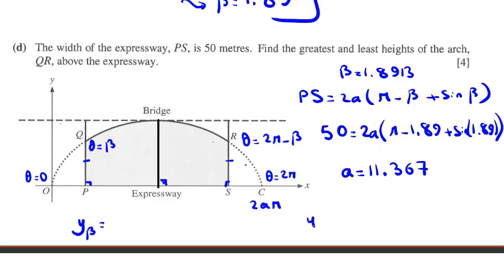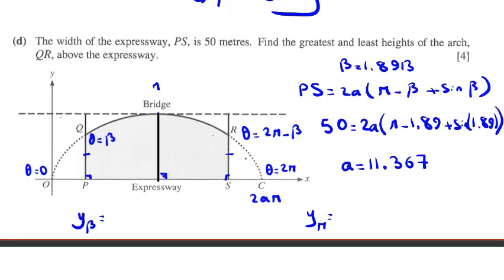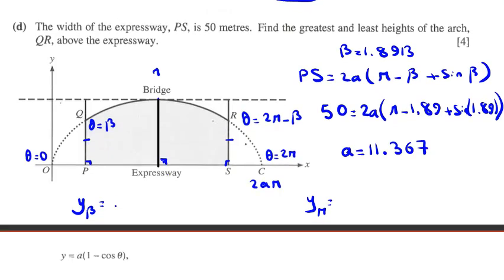And the greatest one is y of pi, which is in the range from 0 to 2 pi, the midpoint. If you use the formula from the assumption, y of beta is 11.367 times (1 minus cos beta), which is 1 minus cos 1.8913.